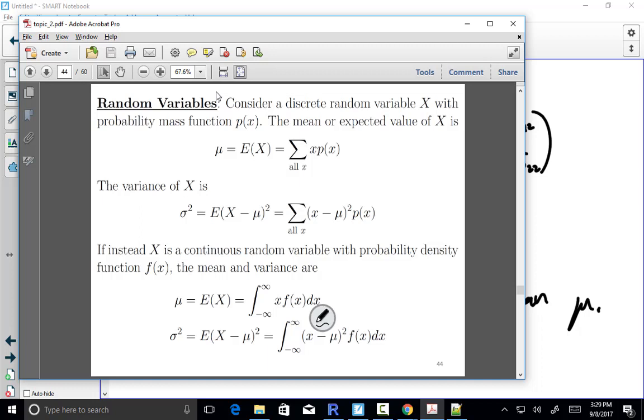That's a variable because its value will vary from individual to individual, and it's random in the sense that we're randomly picking people from the population. So by chance, we'll get some who make a lot and some who don't make as much. That's a random variable. For any random variable, there's a function that tells us how its probability is distributed.